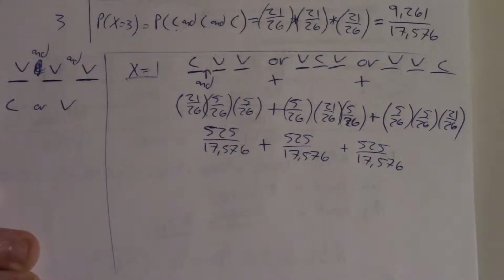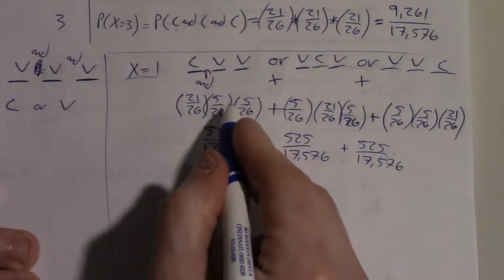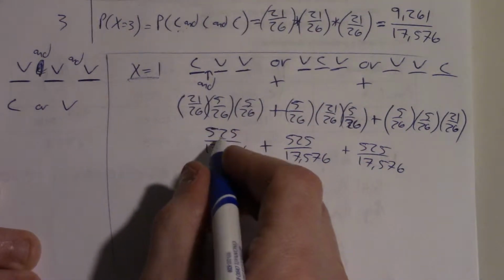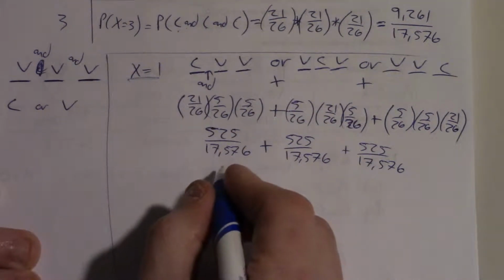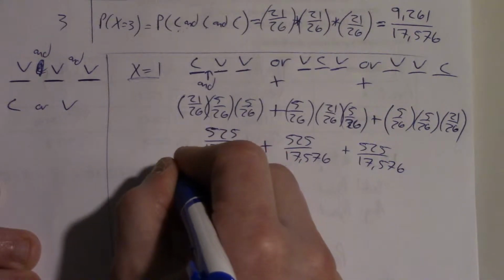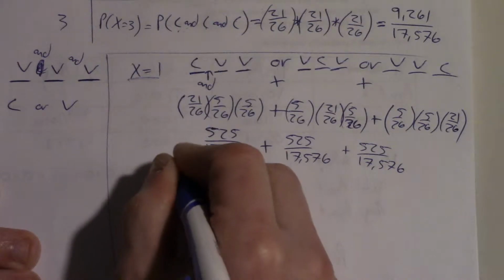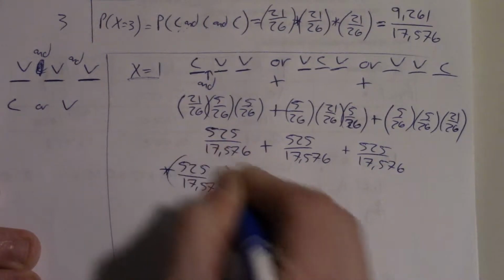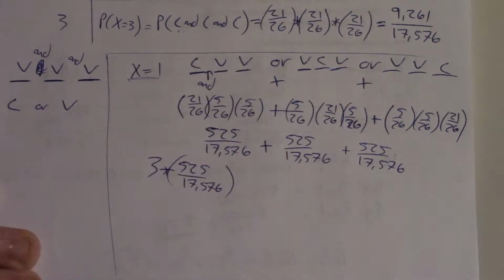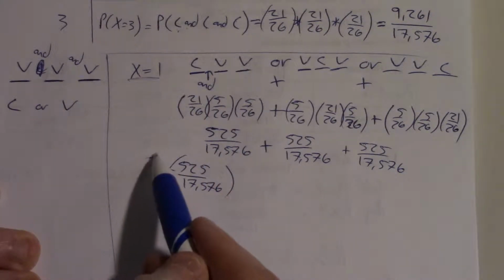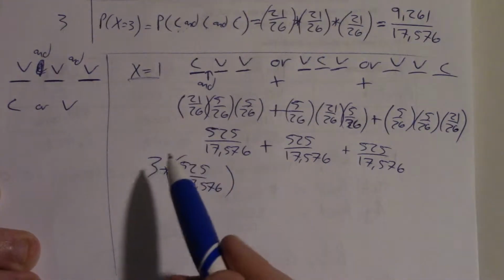So what we could also do is say, well, let's find the probability of one of these outcomes, 525 out of 17,576. And then we can multiply that by how many different ways could we see this outcome? How many different ways are there to get one consonant?